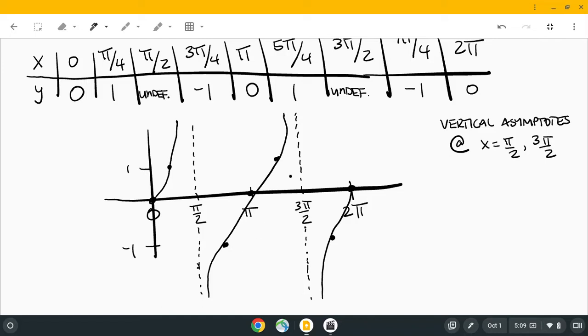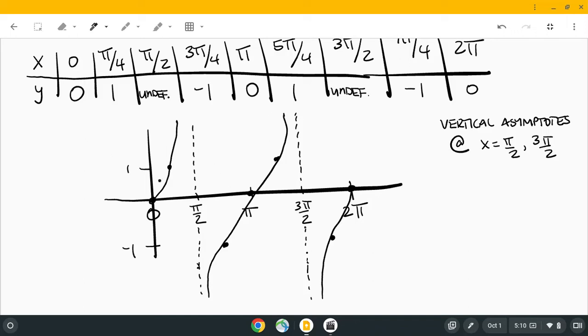And this graph starts to repeat. We can see it here. So we have this piece, which is here, and we see that this started to repeat right here after pi.